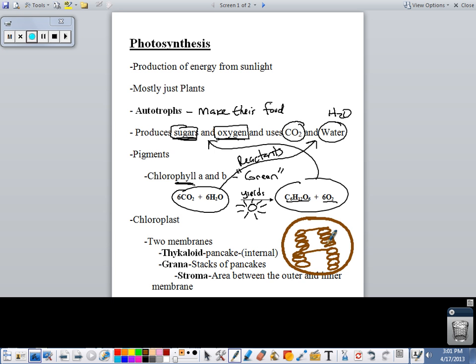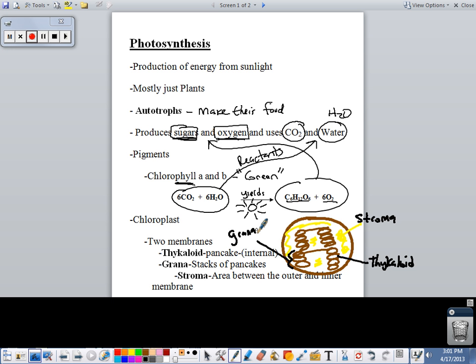And then you have this open space here, all this open space. This is the stroma. This part right here, one of them, is the thylakoid. And this whole thing is the grana. They all work together to complete these chemical reactions.